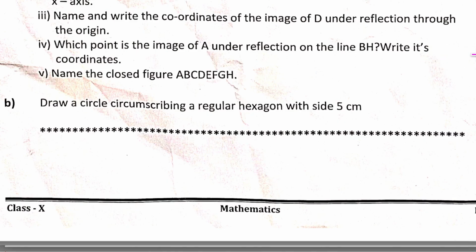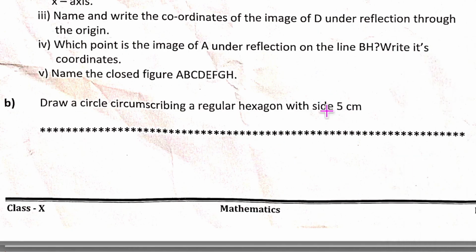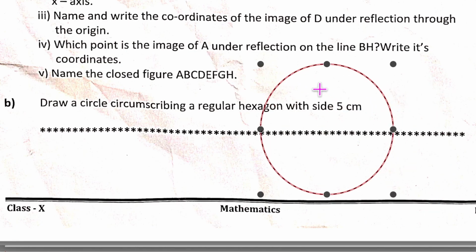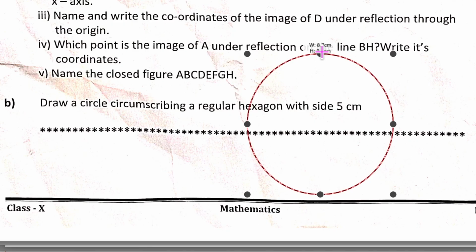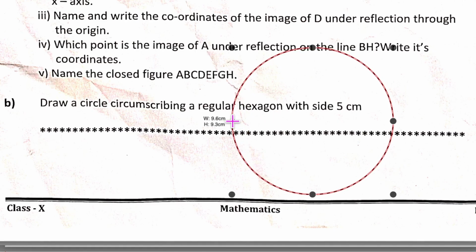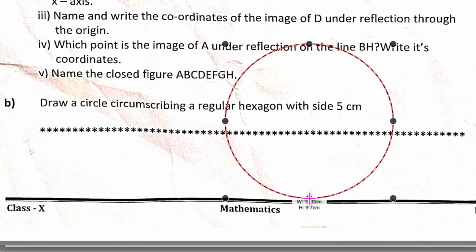So 5 centimeters means the height should be 10 and the width should be 10, correct? Can you see that? 10 and 10? Got that?